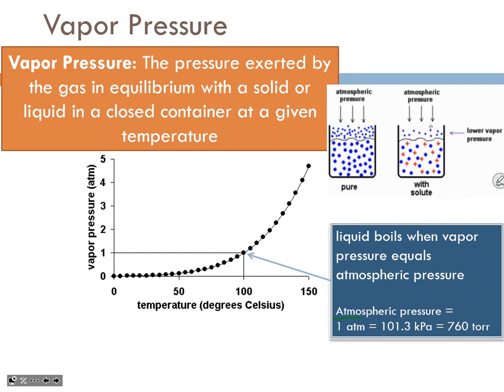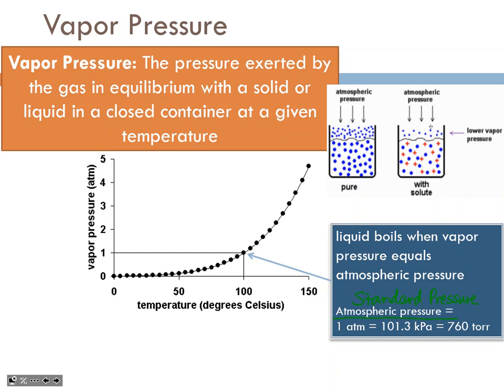Now, atmospheric pressure here, these are all readings at standard pressure. And we'll talk about standard pressure again when we're talking about gas laws. But standard temperature and pressure refers to 1 mole equals 22.4 liters. Standard pressure is still going to be the atmospheric pressure measured at sea level.